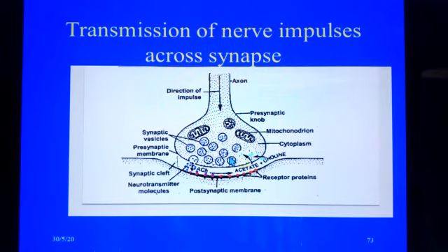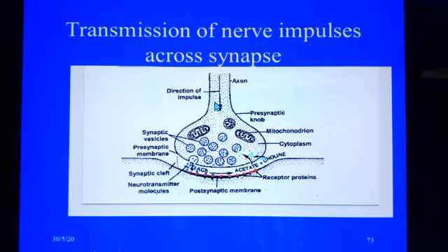So let's look briefly at what happens for a nerve impulse that is coming from that direction to cross over from this nerve cell into another one which is adjacent here.